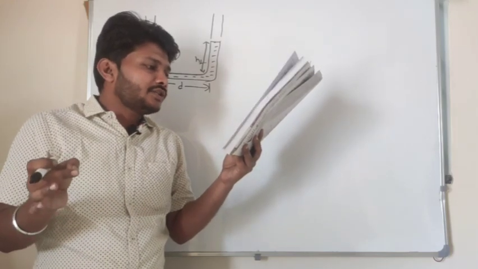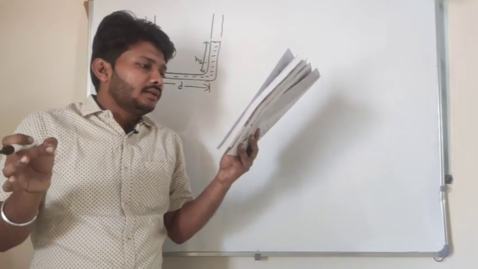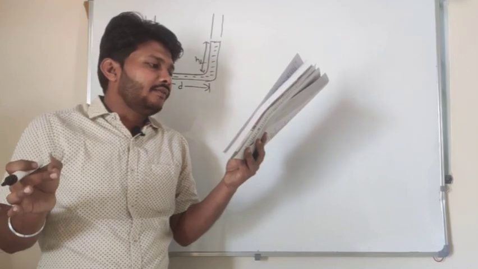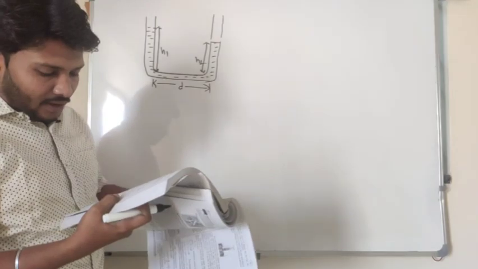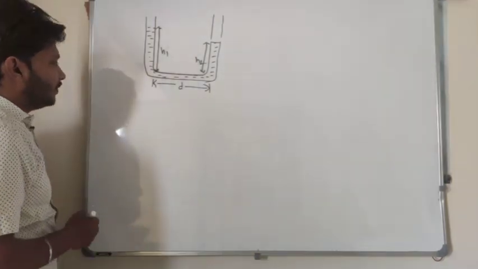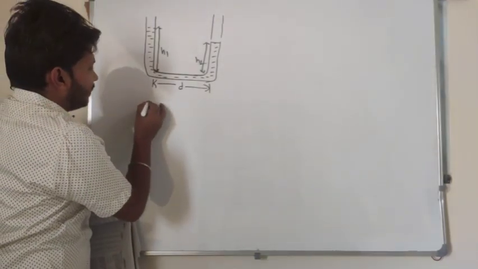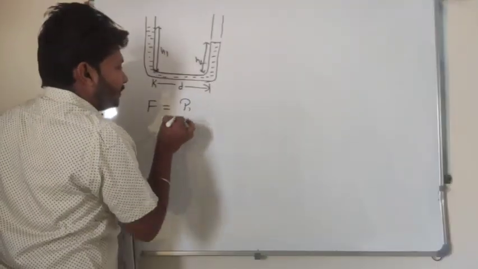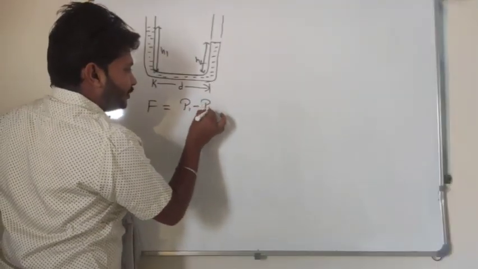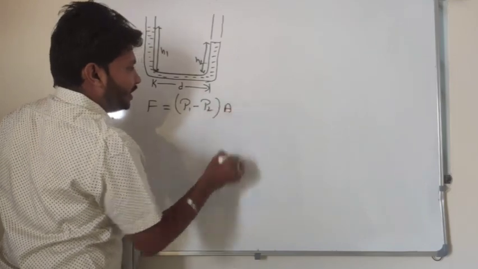If D is the separation between the limbs, then the difference in the level of the liquid in the U tube, H, I need to find out here. Force equals pressure into area, so pressure at the first limb and pressure at the second limb into area.